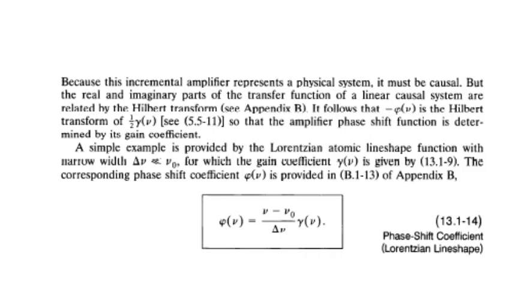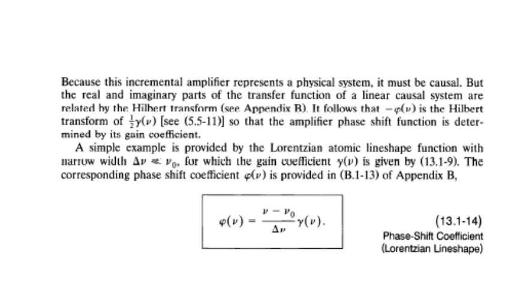The incremental amplifier represents a physical system, so it must be causal. The real and imaginary parts of the transfer function of a linear causal system are related by Hilbert transforms. So the amplifier phase shift function is determined by the gain coefficient.